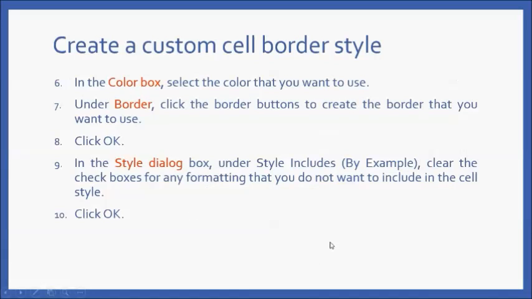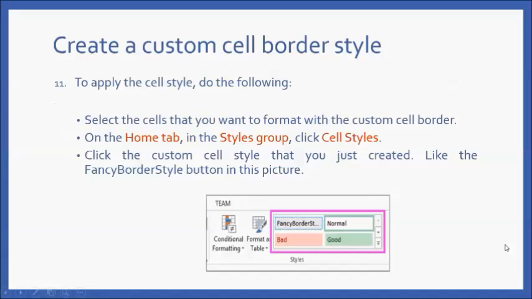And then click OK. To apply the cell style, do the following. Select the cells that you want to format with the custom cell border. On the Home tab, in the Styles group, click Cell Styles. Click the custom cell style that you just created, like the Fancy Border style button in this picture.